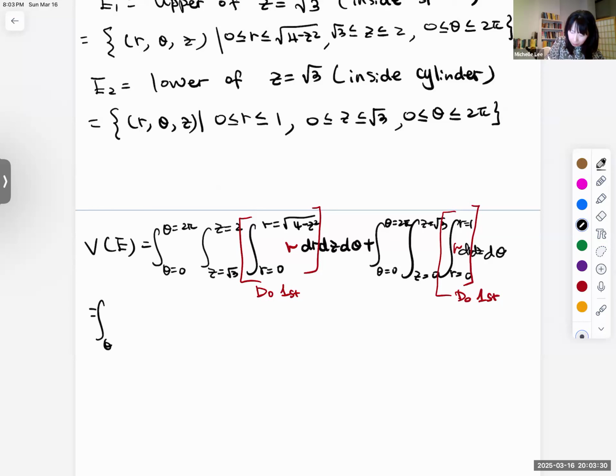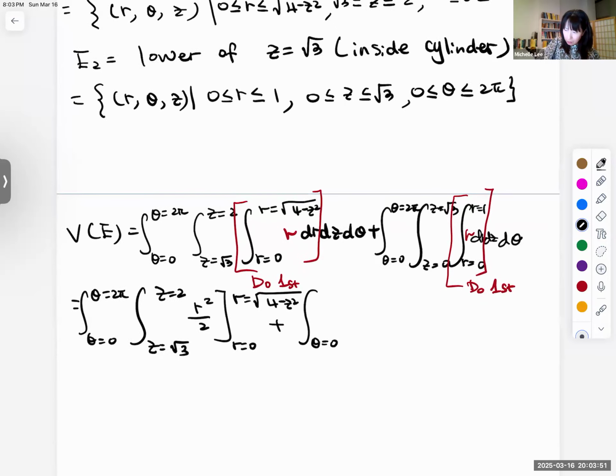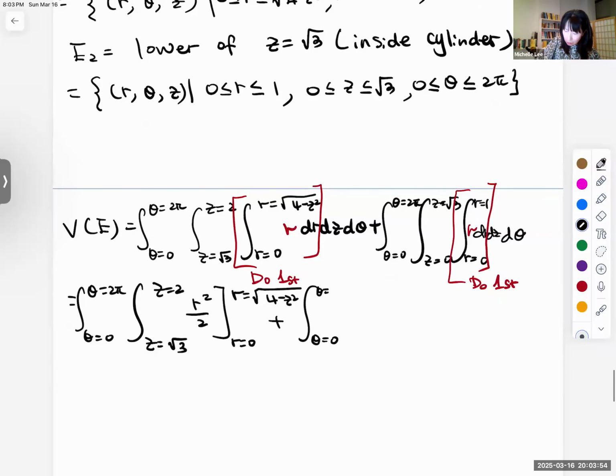So we will have theta from 0 to 2 pi, z from square root of 3 to 2, r squared over 2, evaluated from 0 to square root of 4 minus z squared, plus theta from 0 to 2 pi, z from 0 to square root of 3, r squared over 2, r from 0 to 1, dz d theta, right?